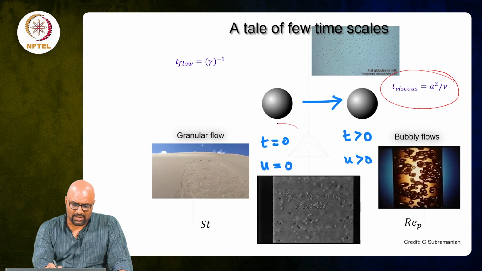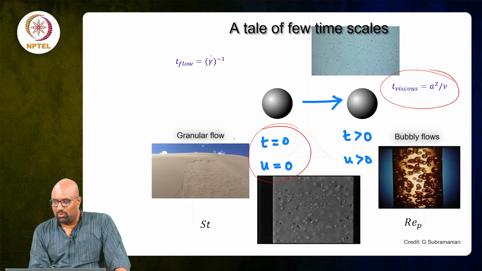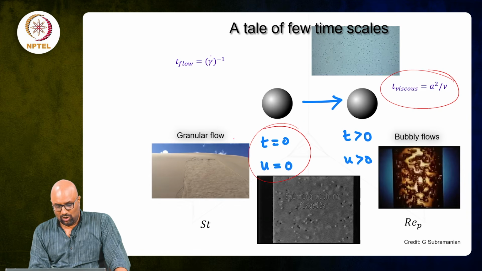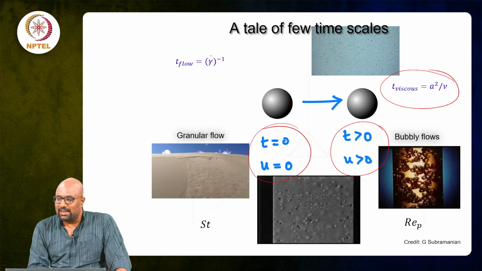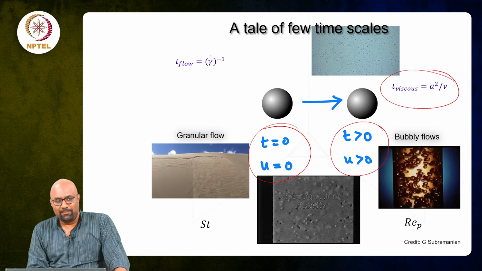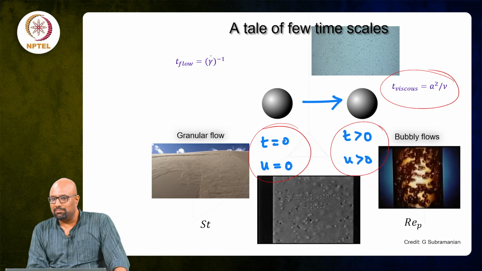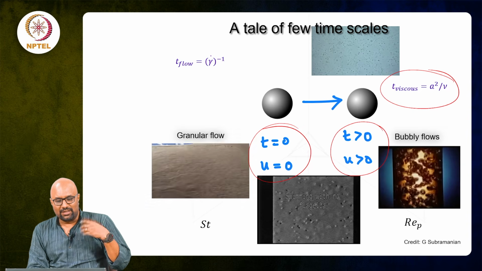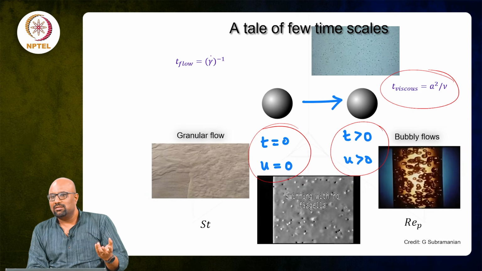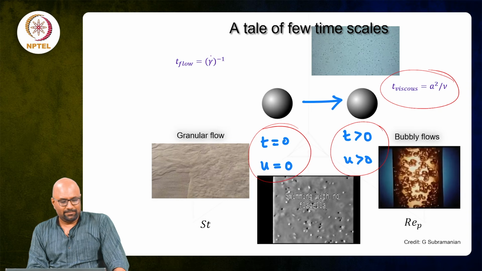We went through this in the previous lectures by saying that if the particle were to move with a velocity u at some later time, starting out from rest, then the drag force acting on the particle will not be instantaneously related to the particle velocity at that instant, if you account for the fact that the viscous time scale is not infinitely smaller than the flow time scale.